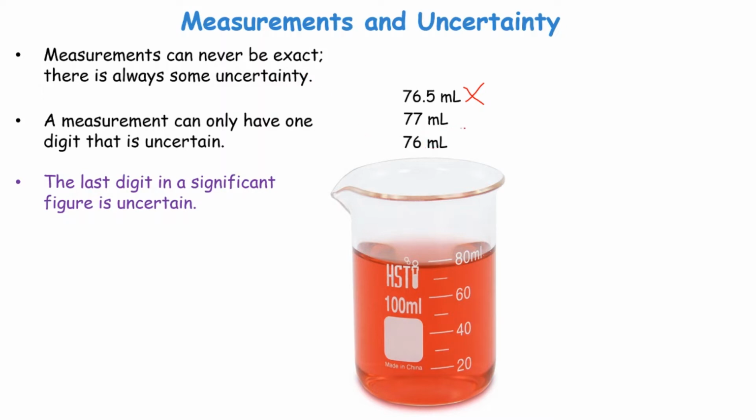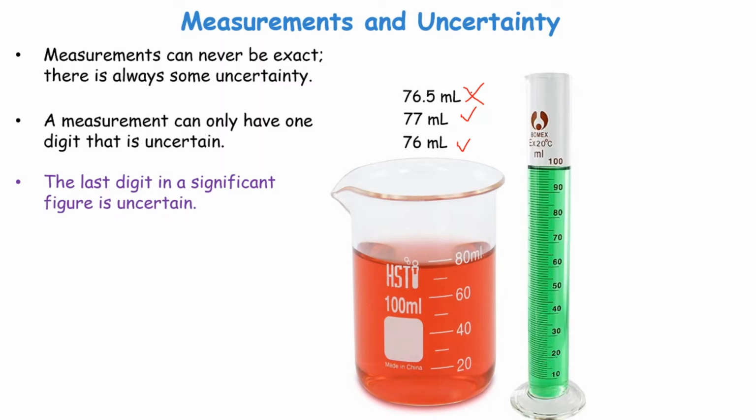Further down, it just doesn't make any sense anymore to record more digits. So in this case, either 76 milliliters or 77 milliliters, or maybe someone estimates 71 milliliters, but based on the definition, that's still correct. But if you have a total of 3 digits, that's wrong.